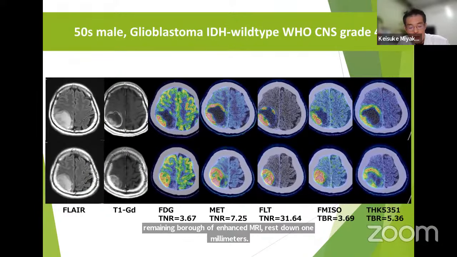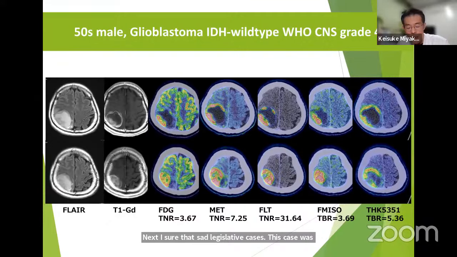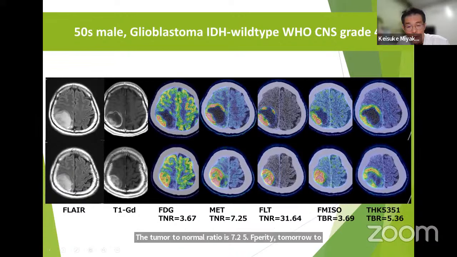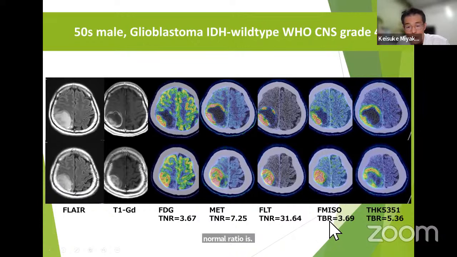Next, I show the third illustrative case. This case was a glioblastoma identified in a male patient in his 50s, located in the right parietal lobe. The methionine tumor-to-normal ratio is 7.25. FLT tumor-to-normal ratio is 31.64.